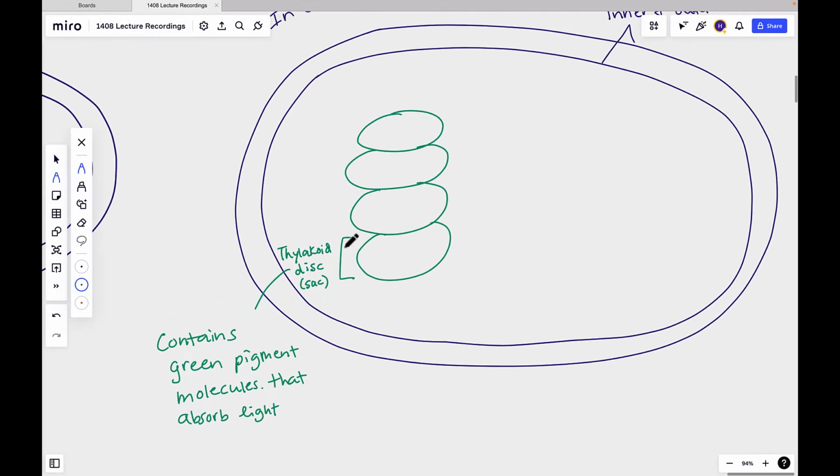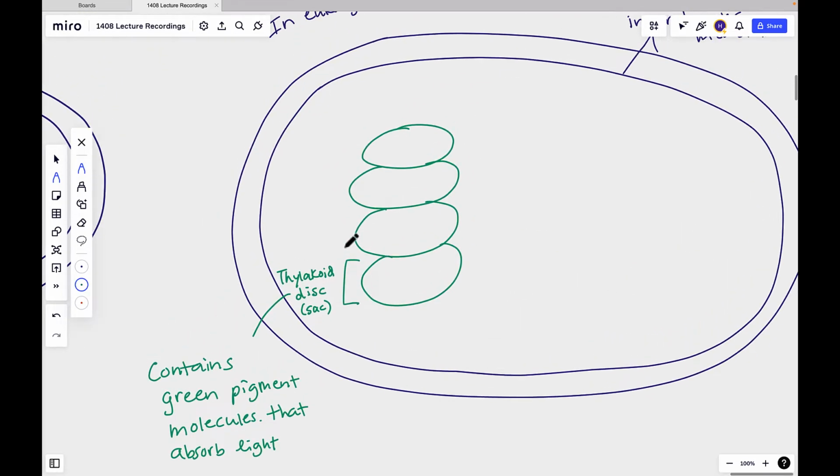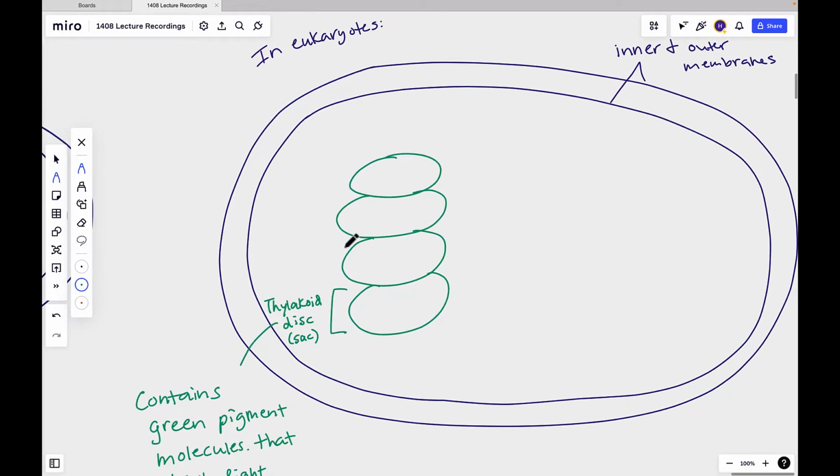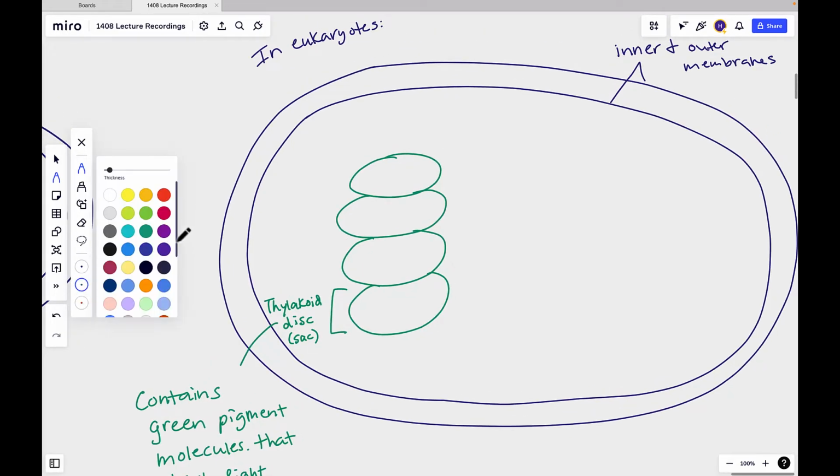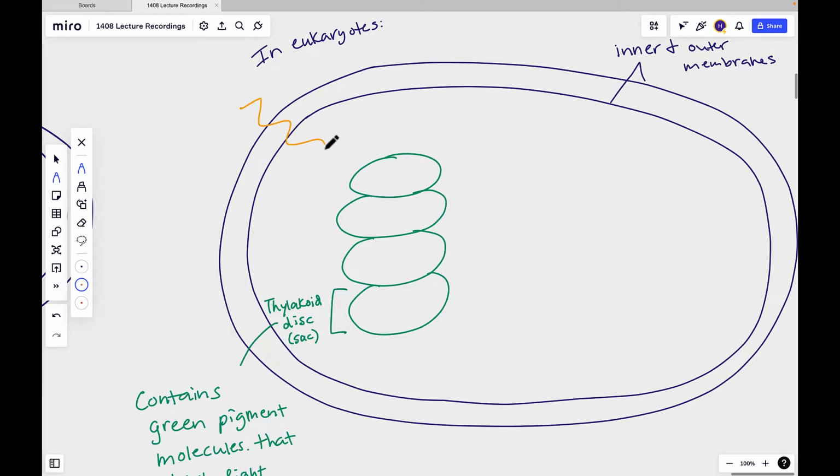All right, so if we go back up to this thylakoid stack here, we just said it contains pigments to absorb the light, so let's draw light coming into the system. There's our light energy. Big E is energy. So basically we're looking at sunlight. It's going to be captured by those pigment molecules in the thylakoid.